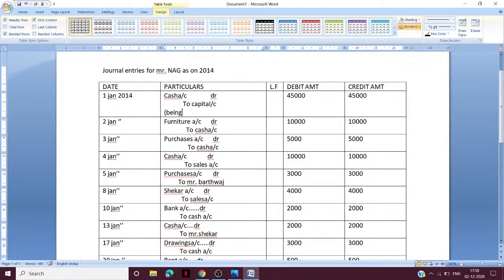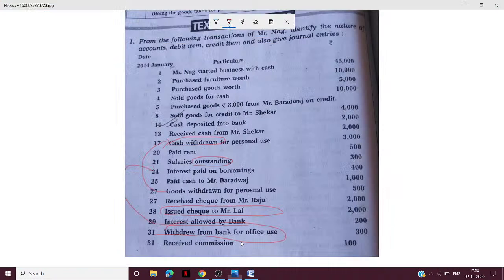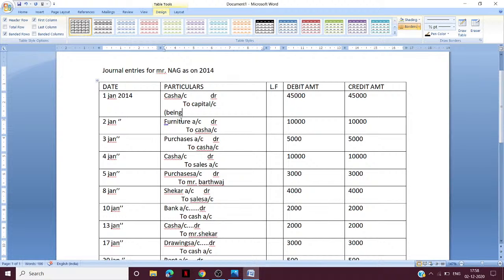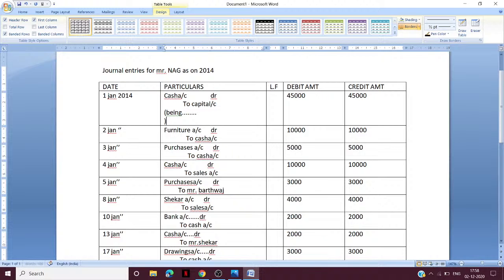Here I will give you one tip. If you have no idea about how to write narration, you can repeat whatever they have given in the question. Being Mr. Nag started business with cash. We should add to the question being, write so and so being, repeat the question and close the bracket.